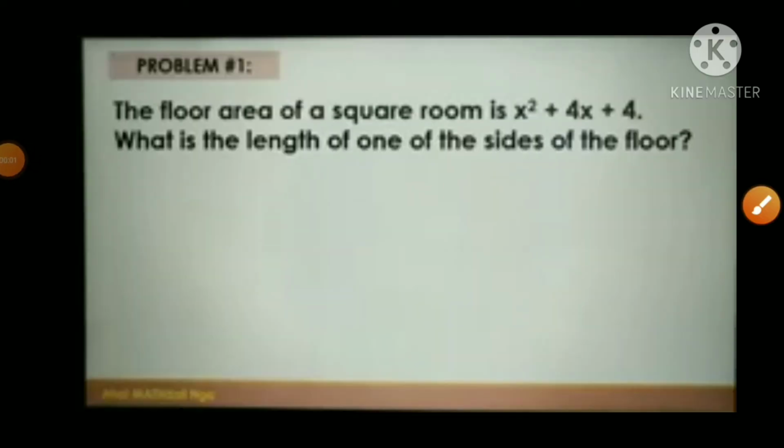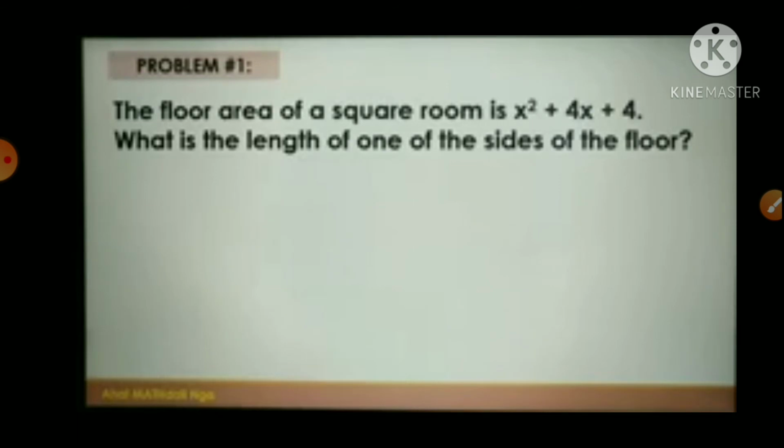The floor area of a square room is x squared plus 4x plus 4. What is the length of one of the sides of the floor? I suggest you read the problem twice and find some clues that will help you solve the problem. You need to identify what is or are given and what is asked in the problem.